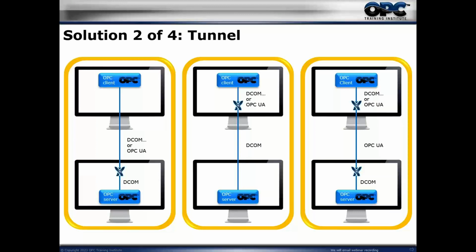If using PI, typically the PI OPC interface is on the same PC as the OPC server. So in that case, there's no problem because, again, you're not using DCOM. It's on the same PC. You do not have a problem. The problem you will have sometimes is if the PI OPC interface is on a separate PC from the OPC server.